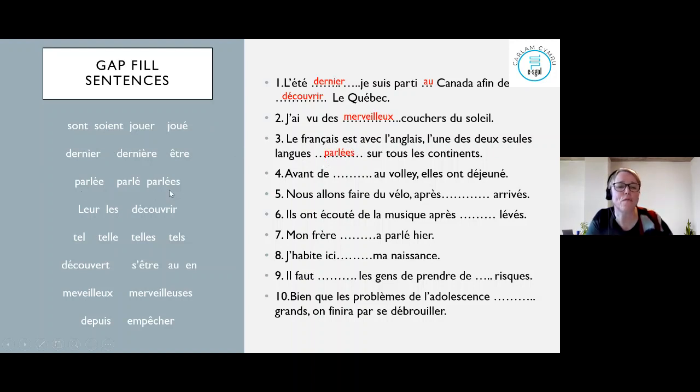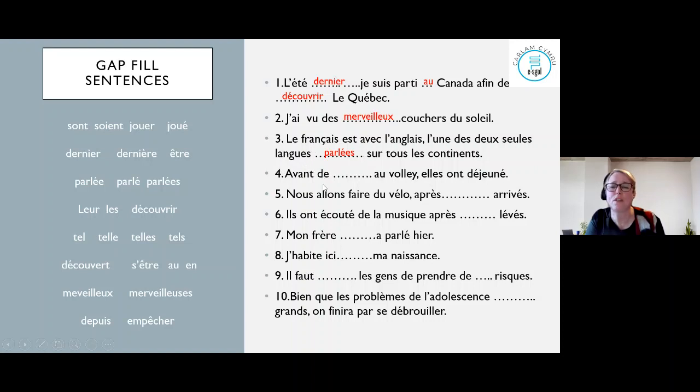You've got a choice of 3 here. Why isn't it the first one? It's talking about two languages. So it's agreeing with languages, which is feminine plural. So it cannot be either of these 2. You've got 2 singular ones here. And equally, you haven't been given the choice with just 1 E, okay? It's double ES here, but it's the feminine plural that you need because it's agreeing with langues.